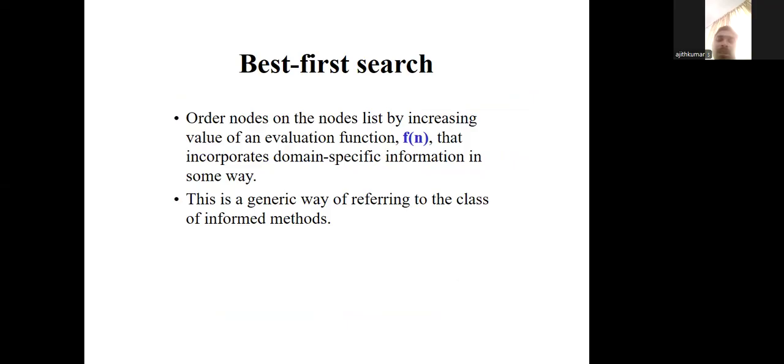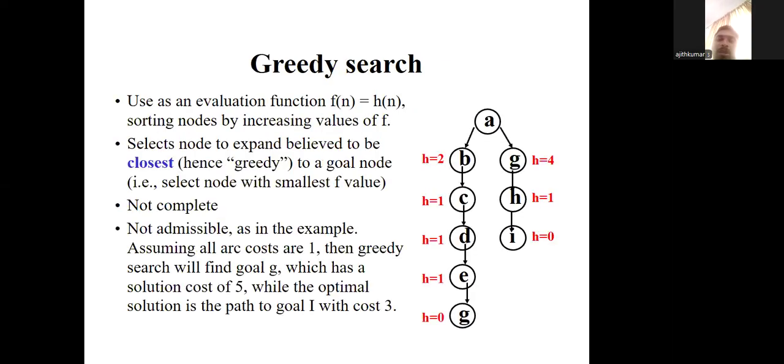See the topic best first search: order the nodes on the nodes list by increasing value of an evaluation function f(n) that incorporates domain-specific information in some way. This is a generic way of referring to the class of informed methods.